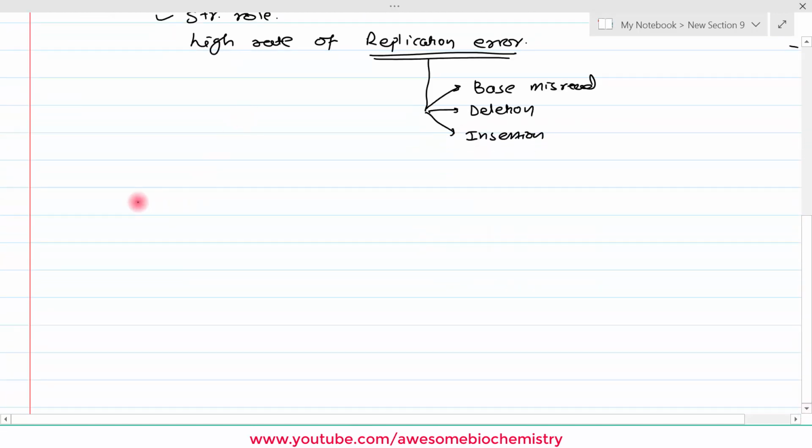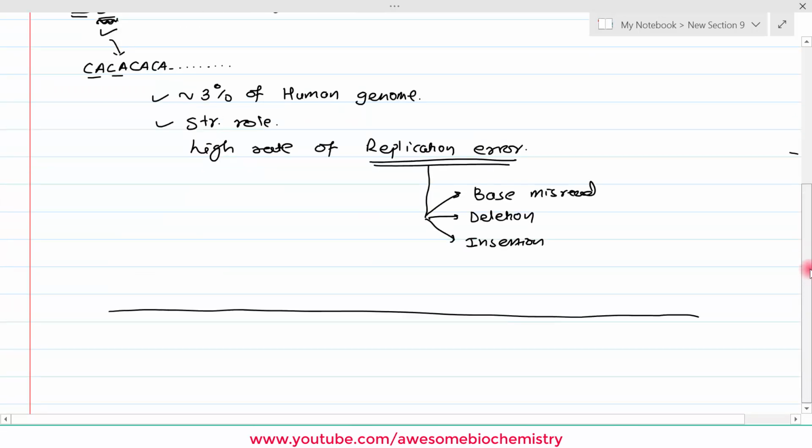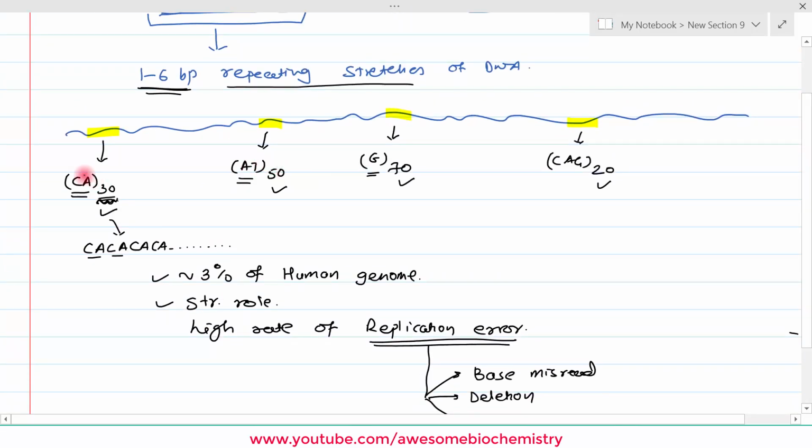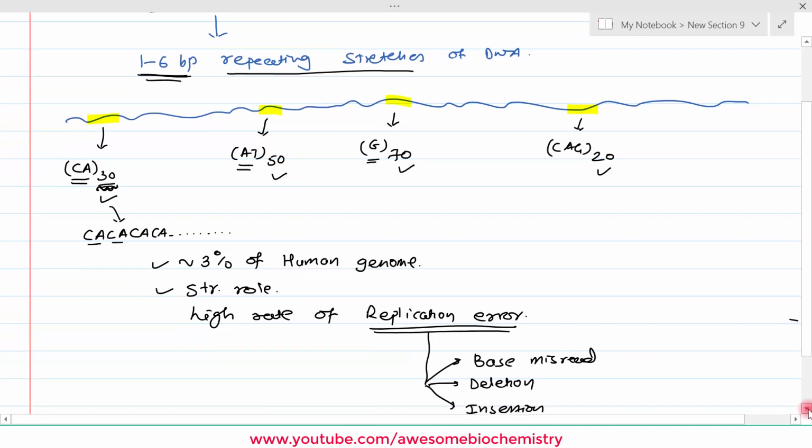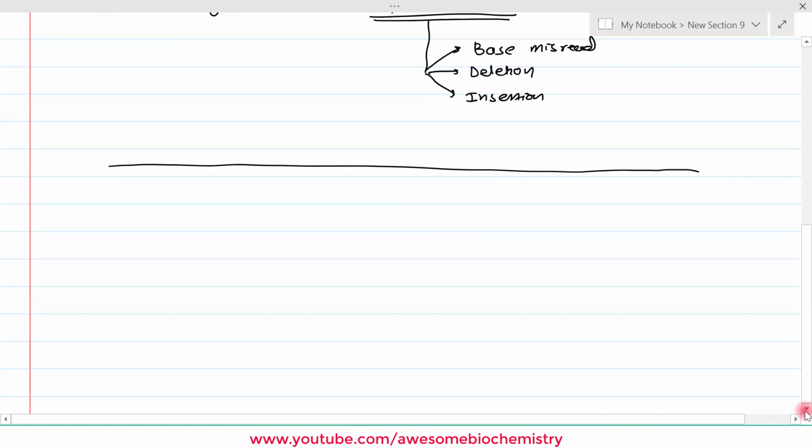So let's take an example. Suppose this is the complete human genome, and I am taking only one example, the CA repeat, which is repeated 30 times. Suppose this is the first CA dinucleotide, this is the second, third, fourth, fifth, sixth, 7, 8, 9 and 10.